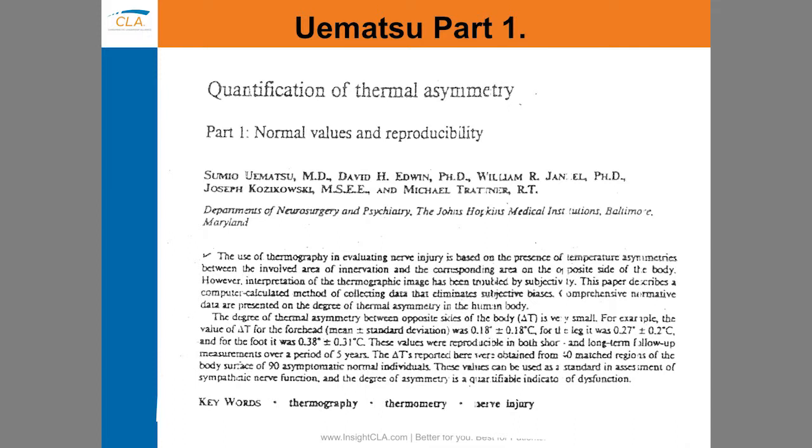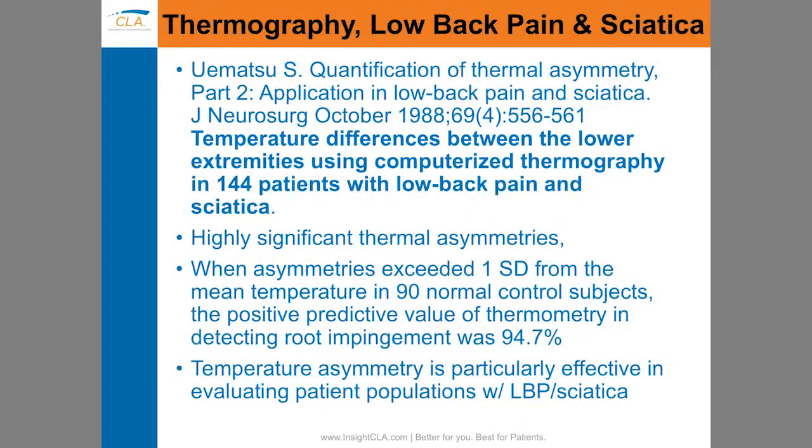And that's a really important point because standard deviations are statistically calculated based upon what has been found to be reproducible data here. And you can see normal values and reproducibility. So the reproducibility was phenomenal in this study, and it set the stage for what has become, as I said, the gold standard in this process of scanning people.